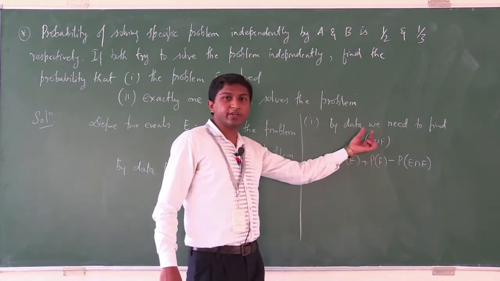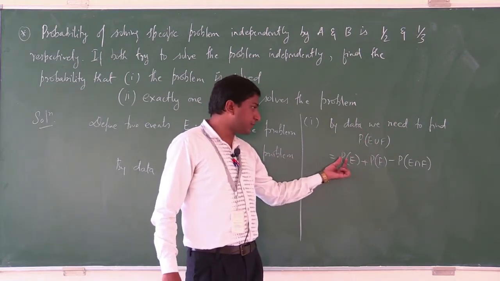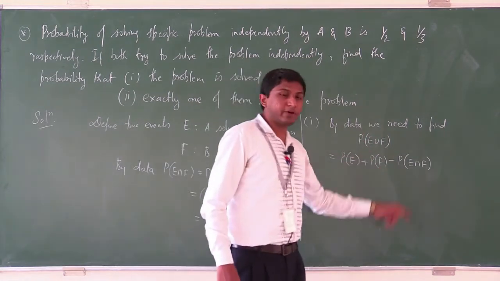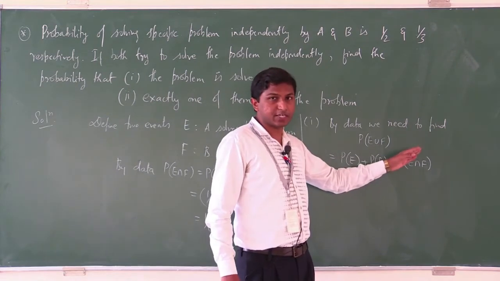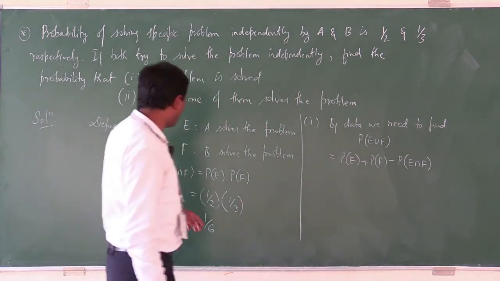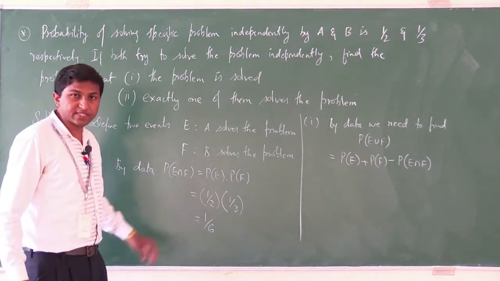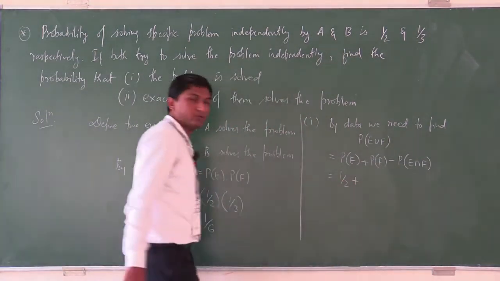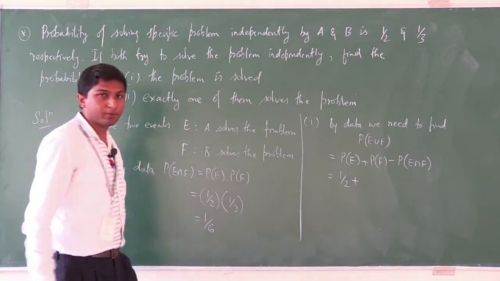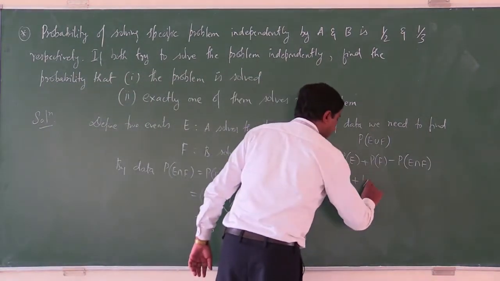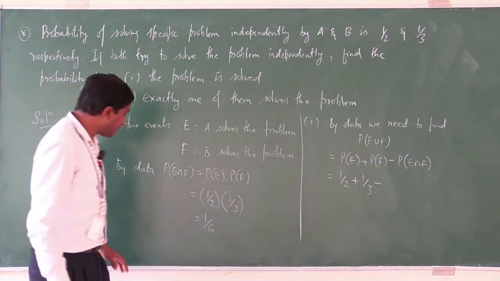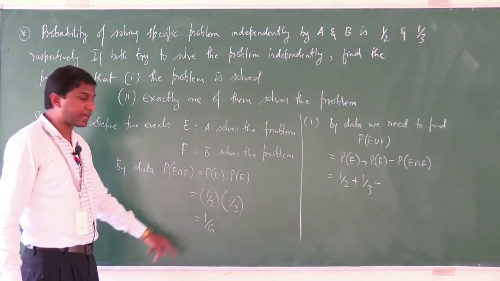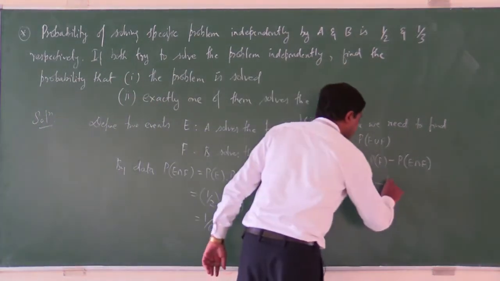P of E union F, I can write it as P of E plus P of F minus P of E intersection F. But what is P of E? P of E is nothing but 1 by 2. So this is 1 by 2 plus P of F, P of F is 1 by 3, minus P of E intersection F. Just now we calculated it to be 1 by 6.